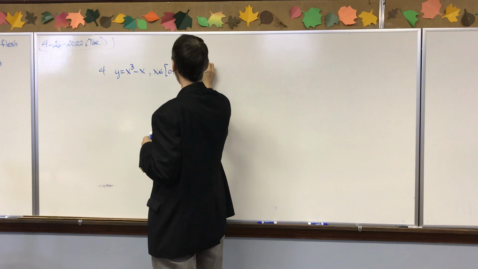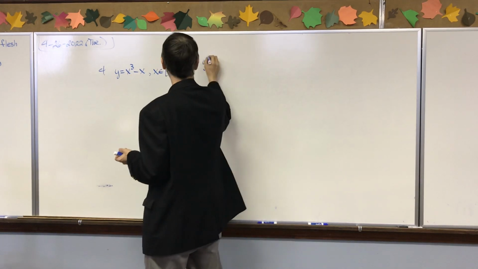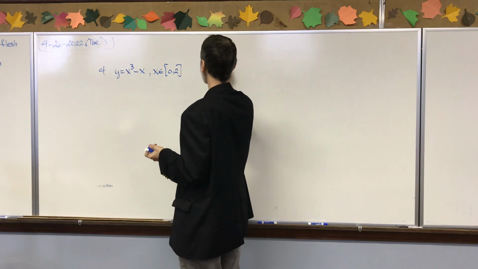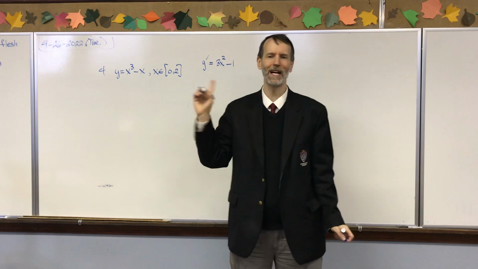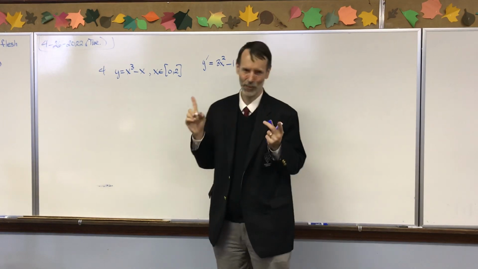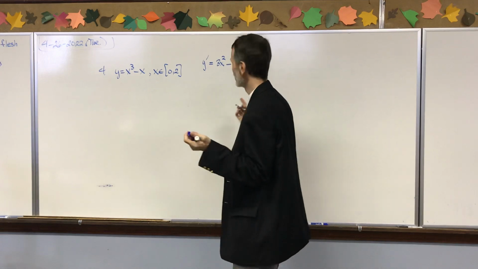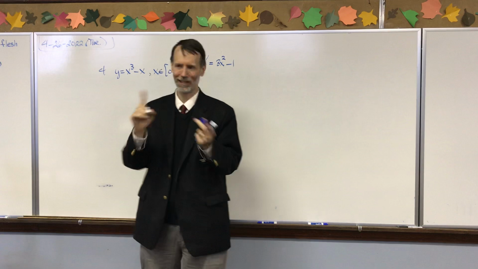So y, otherwise known as f of x, is this. Y prime is 3x squared minus 1. Now, I will show you how to type this in with the parentheses where you don't have to simplify it. I think it's a little risky, but if you're really good at placing parentheses properly, this is a little faster.